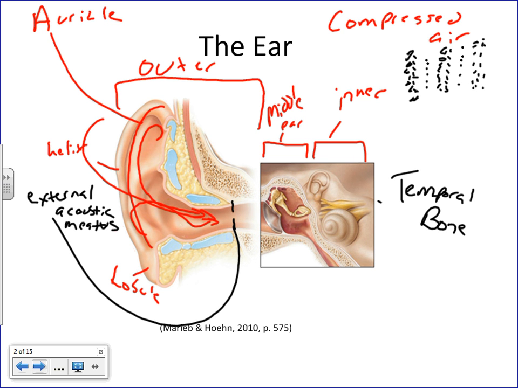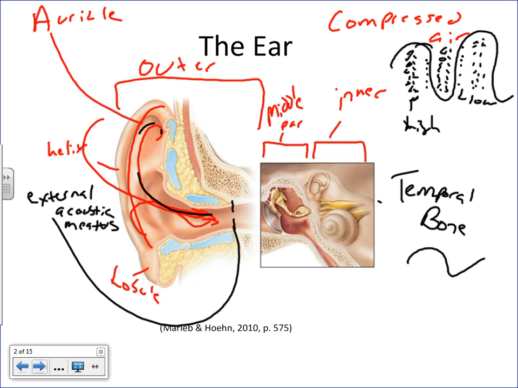So this would be high pressure, and in the middle would be low pressure. So essentially, what you're looking at are peaks and valleys, high and low pressure. As this compressed air is floating through the air, the ear will funnel it in, and as this compressed air hits the auricle of the ear, it will be funneled into the external acoustic meatus.